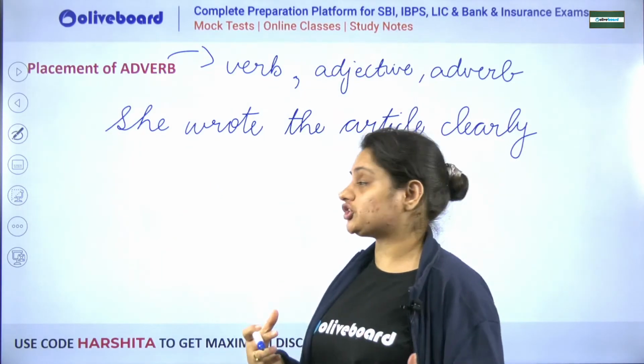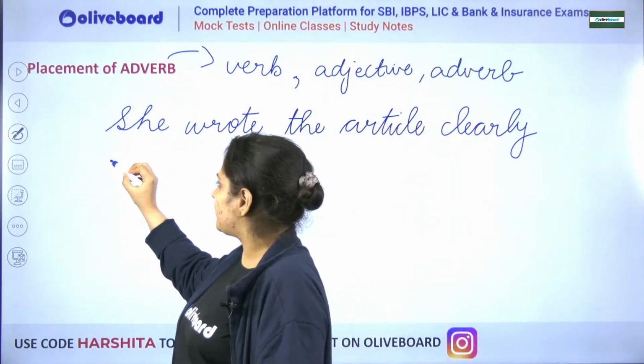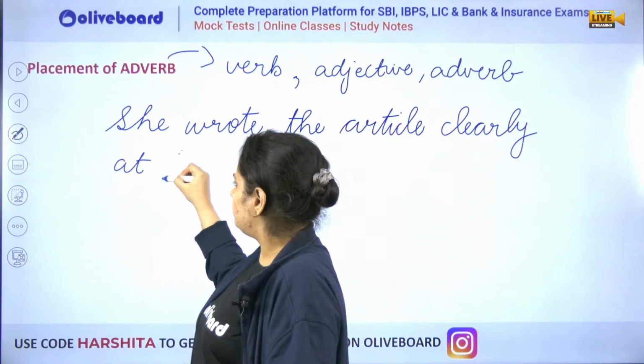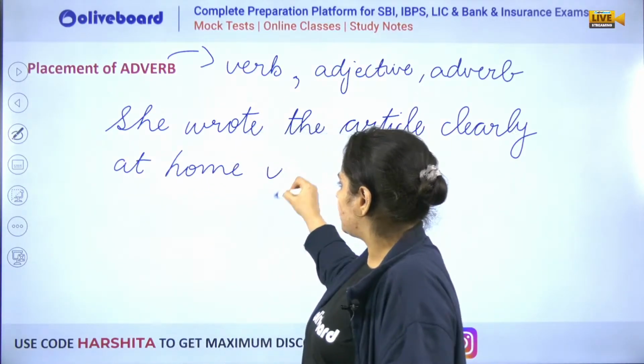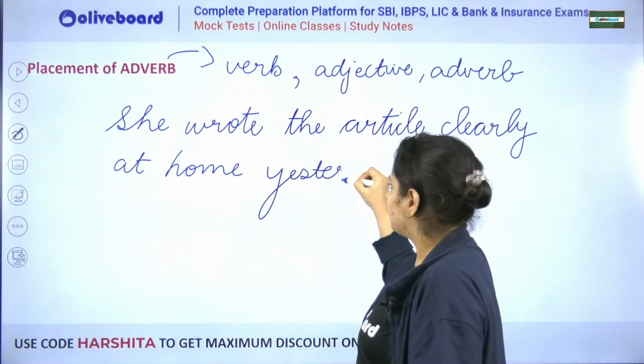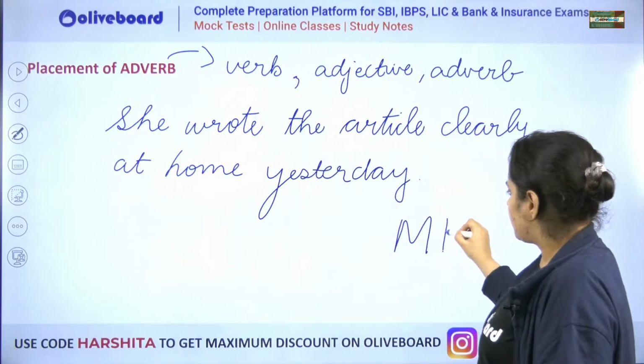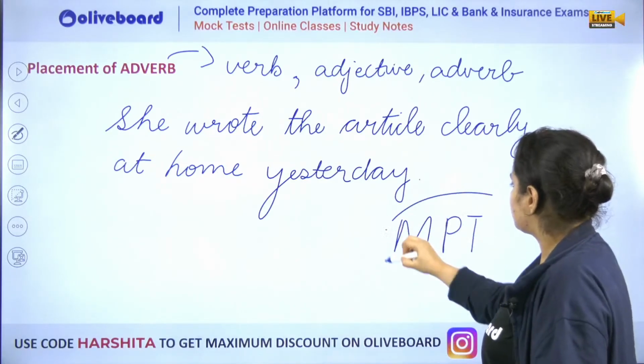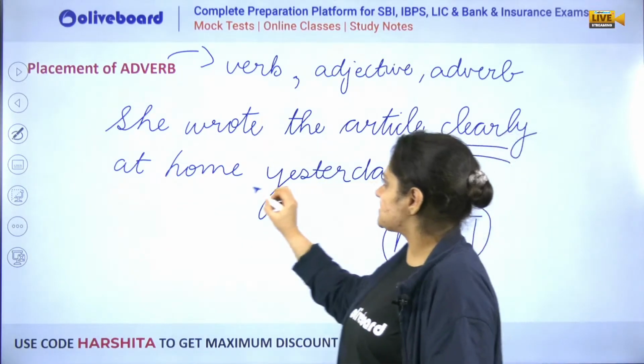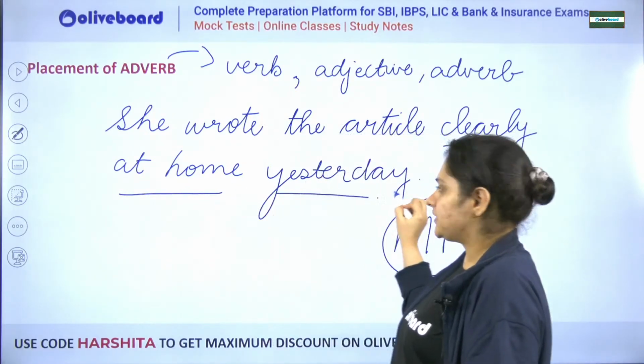Clearly is manner. How did she write? Then what will come? Place. Where? At home. Yesterday. Time. So what do we use and what do we say, guys? MPT. First adverb of manner, written clearly, then place, at home, then time, yesterday.